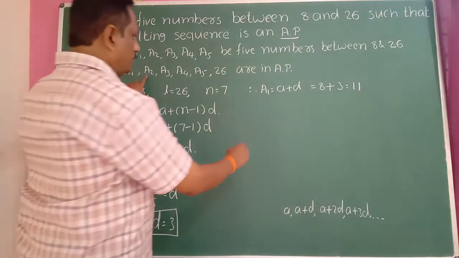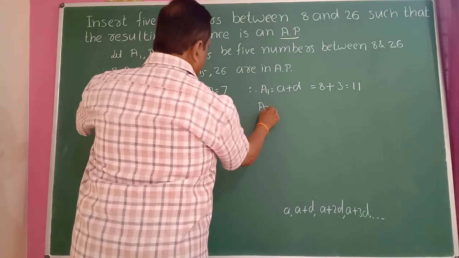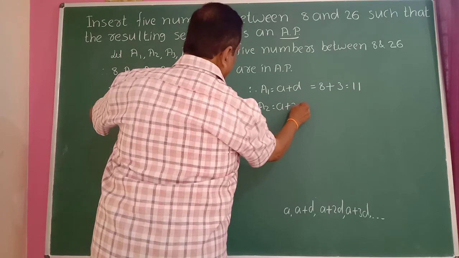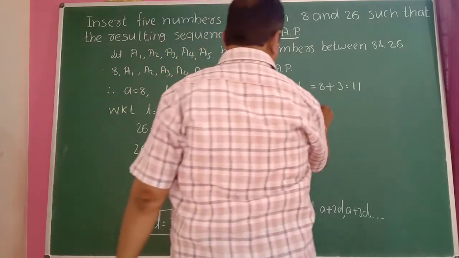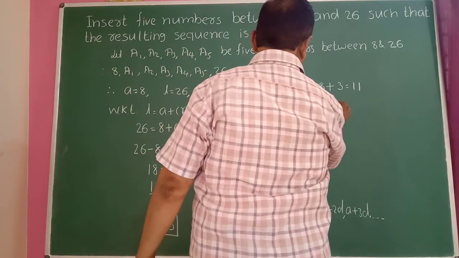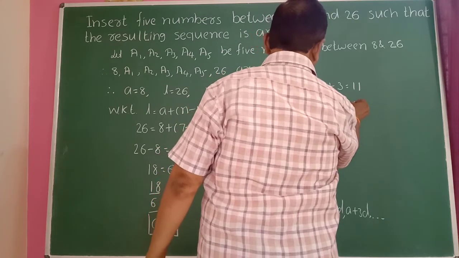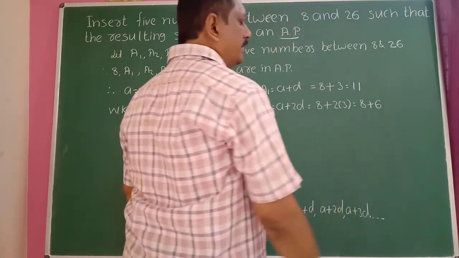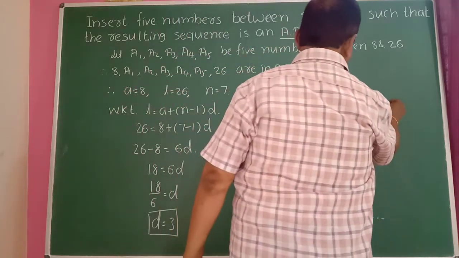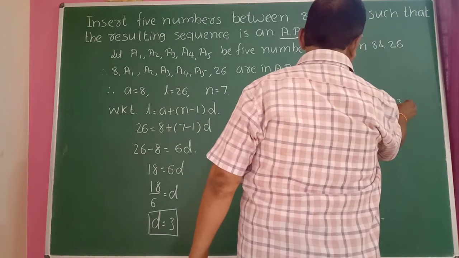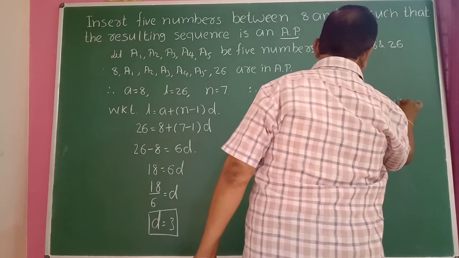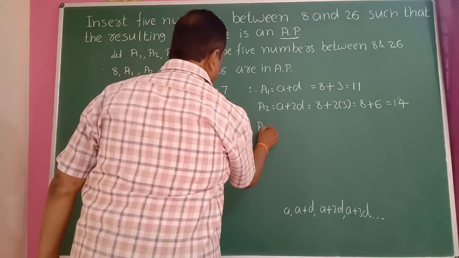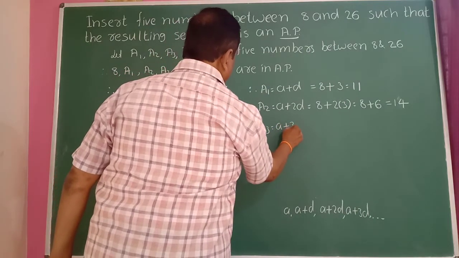Then a2 is equal to a plus 2d. Therefore 8 plus 2 into 3, 3 2s are 6, then 8 plus 6 becomes 14. It is 14. Then a3 is a plus 3d.